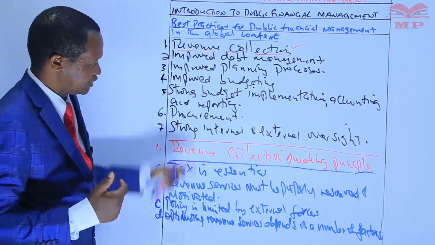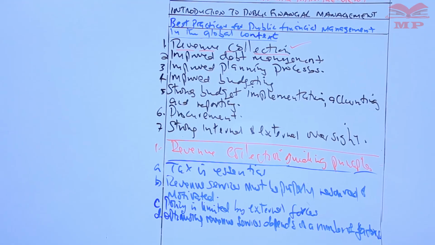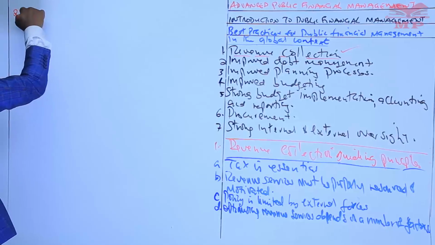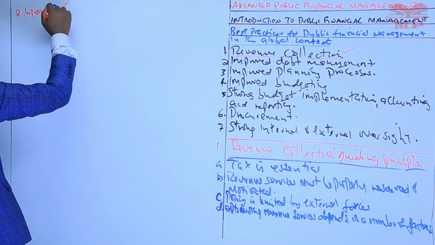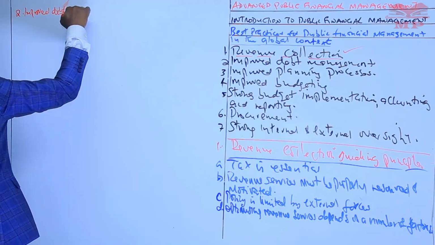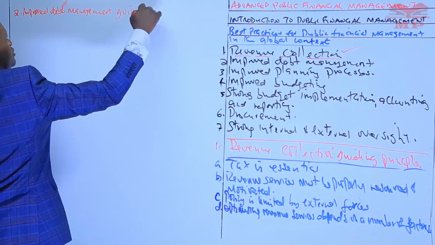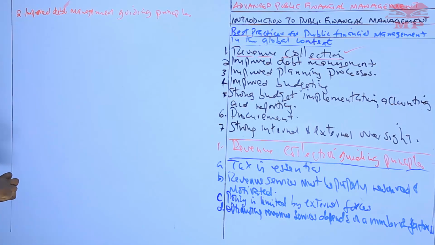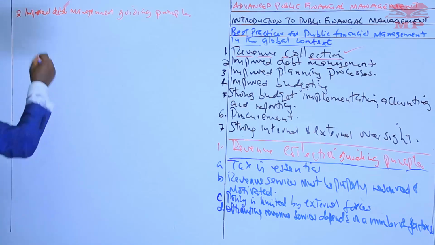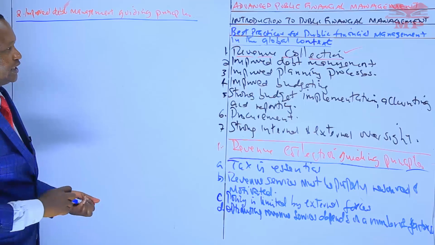So these are revenue collection guiding principles. Number two, improved debt management guiding principles.